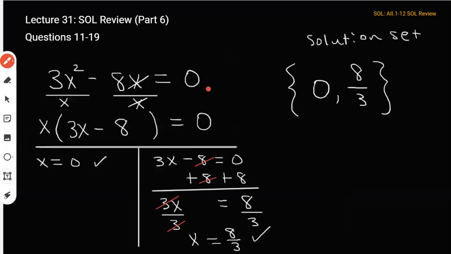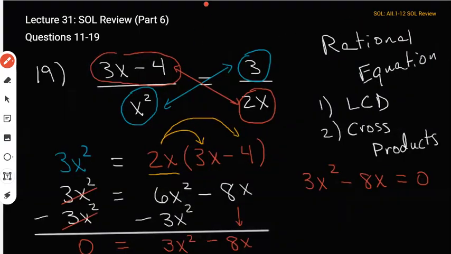So I'm going to mark it out. This 0 is bad. Why is it bad? Okay, so going back to our original equation, what would happen if we let x be 0? What will we get right here and right here? 0.